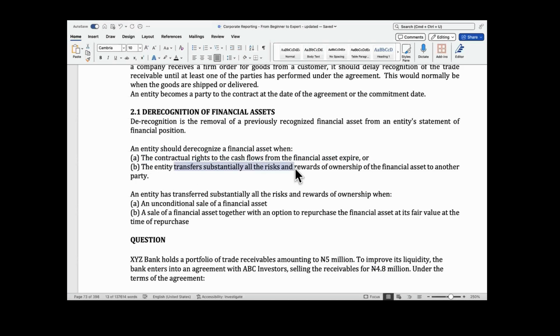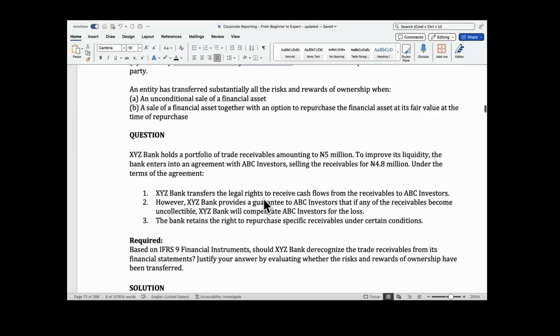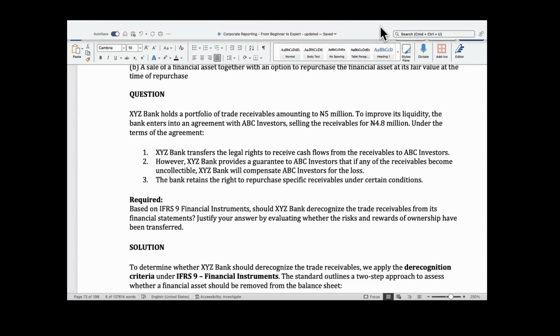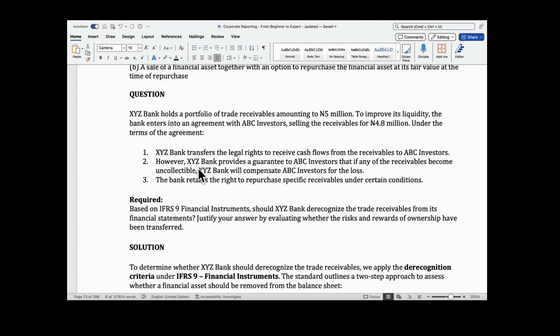Has he transferred the risk and reward of ownership of the financial asset, in this case the trade receivable? Has he? Looking at the second agreement here, XYZ provides a guarantee to ABC investors that if any of the receivable becomes uncollectible, XYZ Bank will compensate ABC investors for the loss.